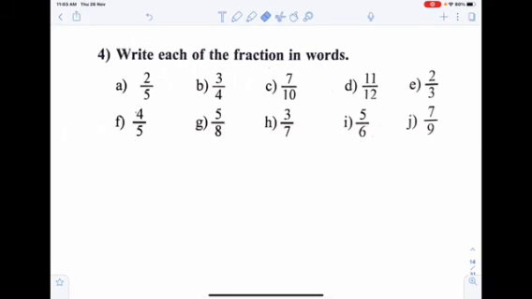Now, as we wrote all the fractions which were given in words in terms of fraction, now we will have to write these fractions which are given here in terms of words. Like in words, how do we write it? So first one is 2 by 5 is written as, can you just try? 2/5. Correct. Can you all try along with me? Yes. Next, 3 by 4 is nothing but 3/4.